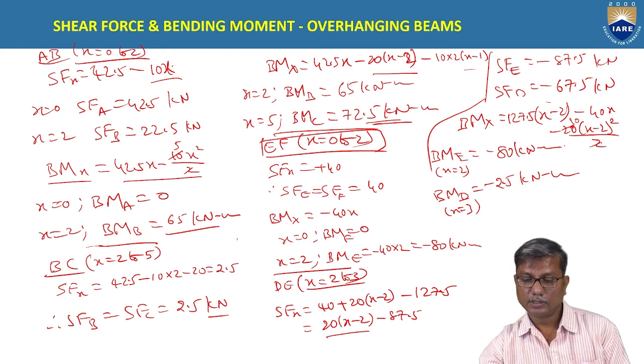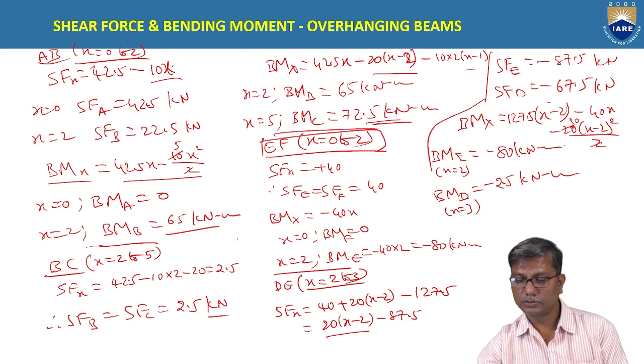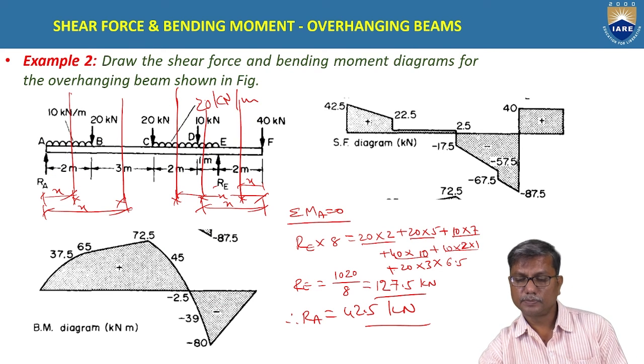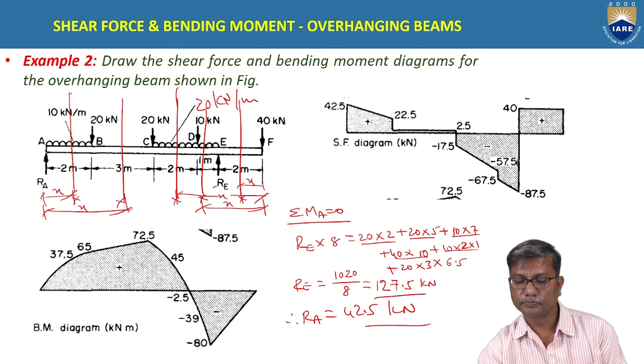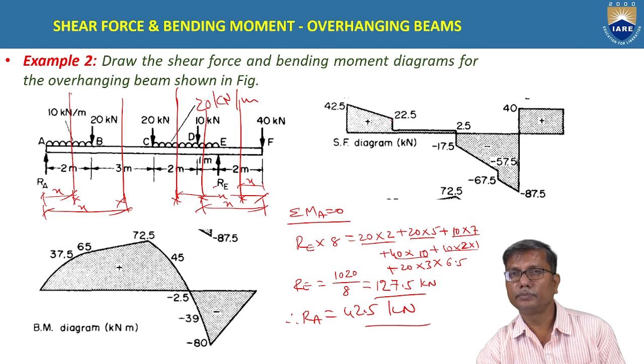Now these values are plotted as shown here. So shear force at A is plus 42 and at B it is 22.5.